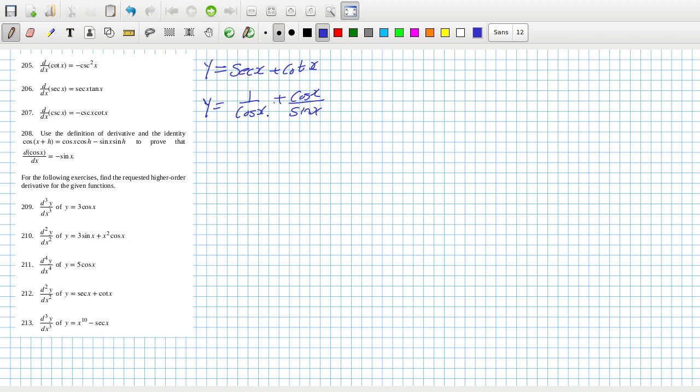So the first derivative would be the bottom squared, the bottom times the derivative of the top minus the top times the derivative of the bottom.